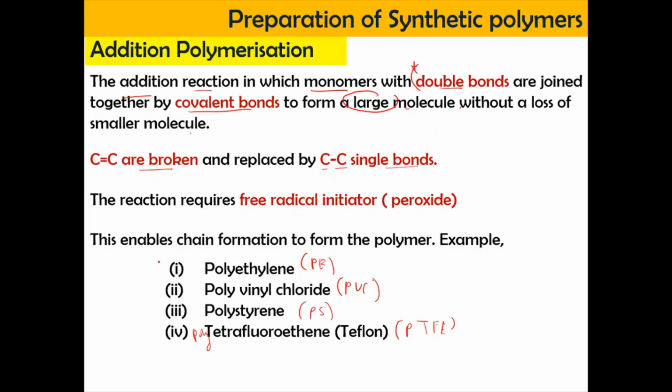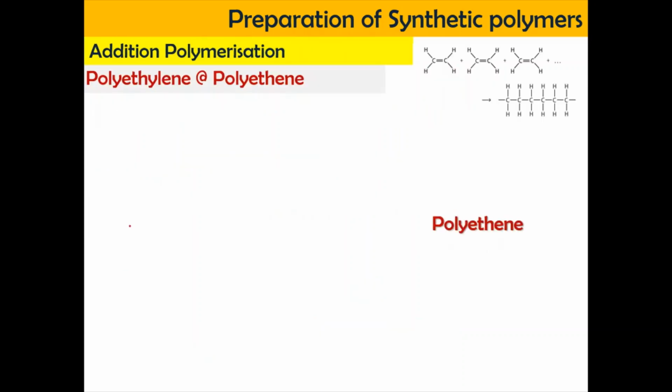So now let us look into the formation of the polyethylene first. So the polyethylene is basically made up from the monomer of ethene.